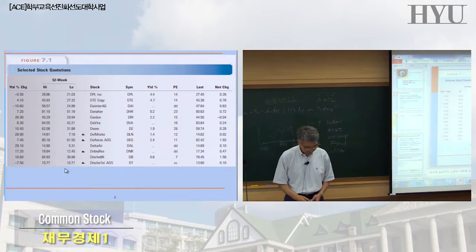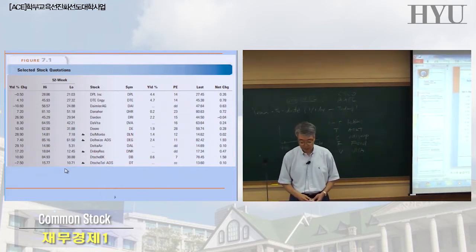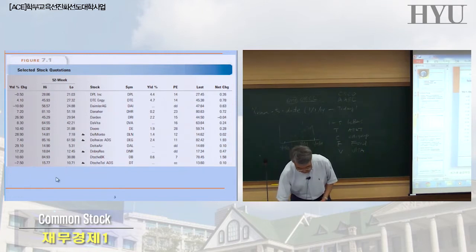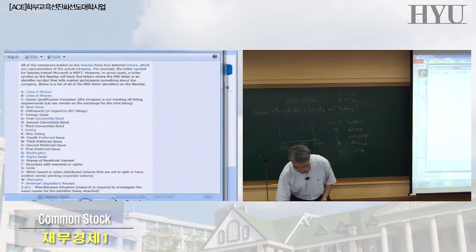All right. And then if you go to NASDAQ market listing, sometimes you will see a 5-letter symbol. The last letter, the fifth letter, has a special meaning. You can read it.